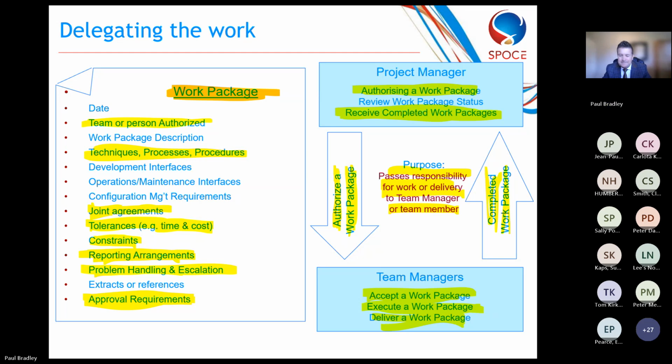Okay, all good stuff. As part of executing the work package, what the team manager will be doing as well is providing reports on progress back to the project manager to review work package status.